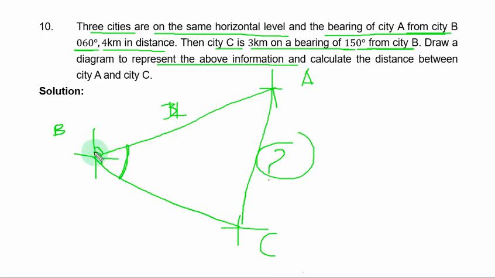From the same point to this point is 150, and we are interested in this angle. This angle must be 90 degrees, because 150 minus 60 gives 90 degrees, and it is opposite the unknown side. We can use Pythagoras rule, because now you have a right angled triangle to get the unknown side.